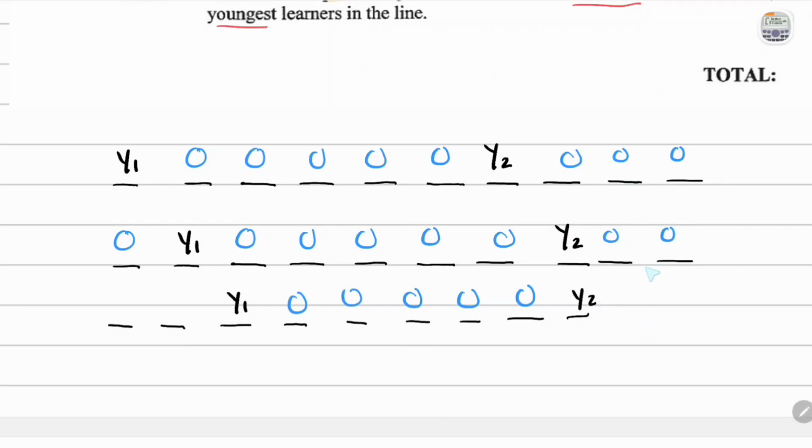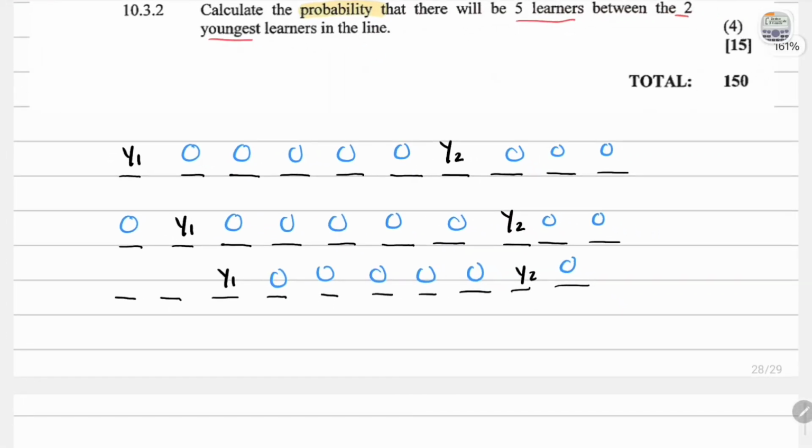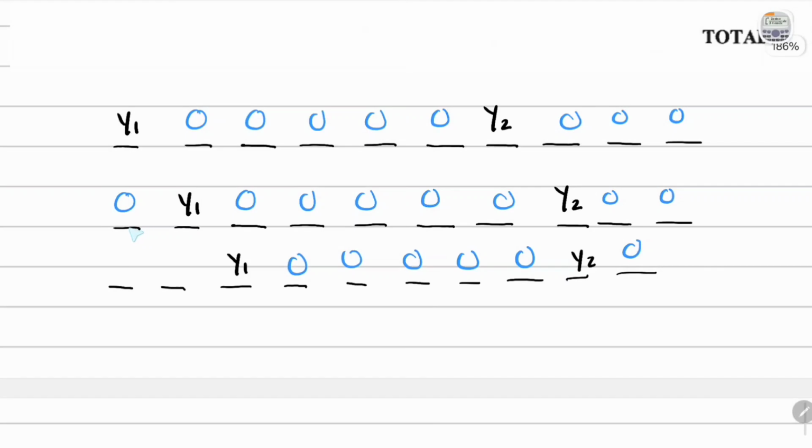So see how you had 2 learners behind here? Now you just have 1. Okay, so like that. And then there's one more way they can be seated, because we need to ensure that they occupy places that allows for 5 learners to be in between them. So that would be one learner here, another one here, and I know I didn't put circles for them. There are learners sitting there.